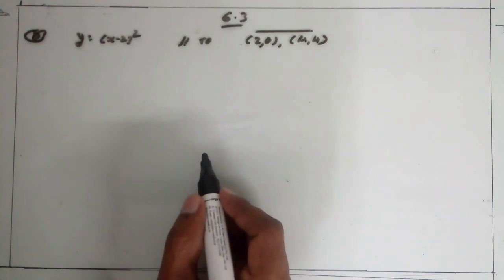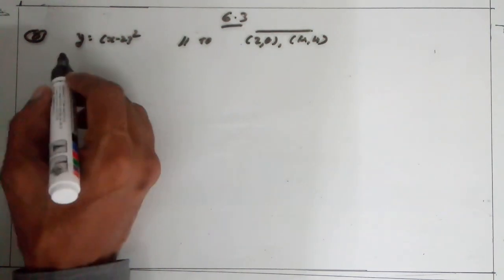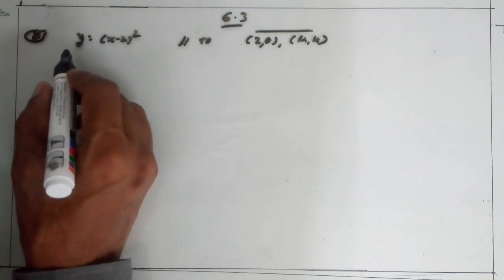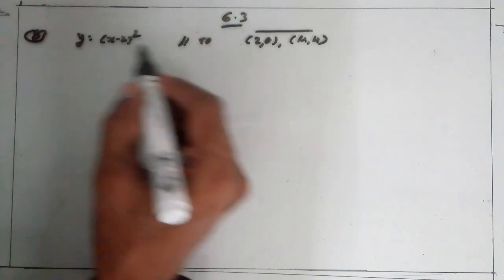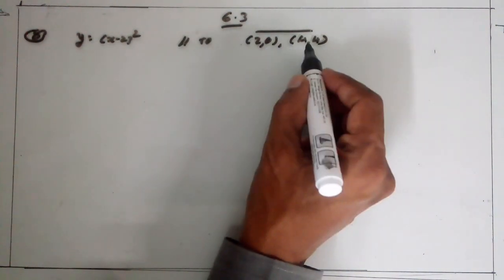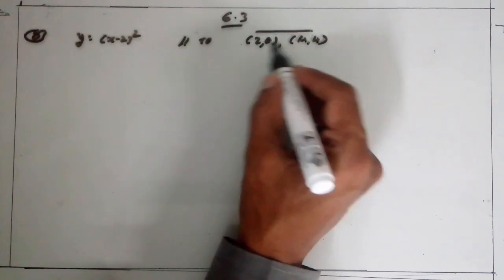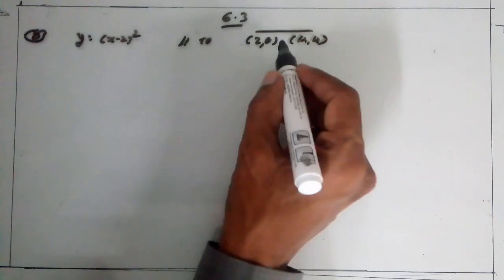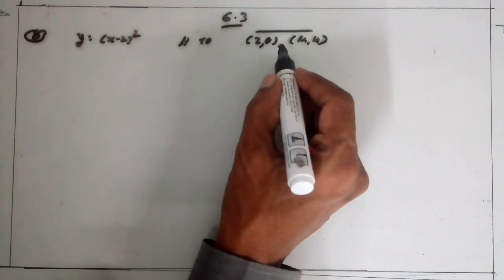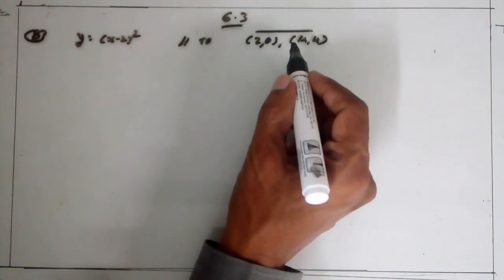To get the point on the curve, first we get the slope of the tangent at (x, y) and compare it with the slope of the chord joining the given 2 points, because the tangent and the chord are parallel, so the slopes are equal.